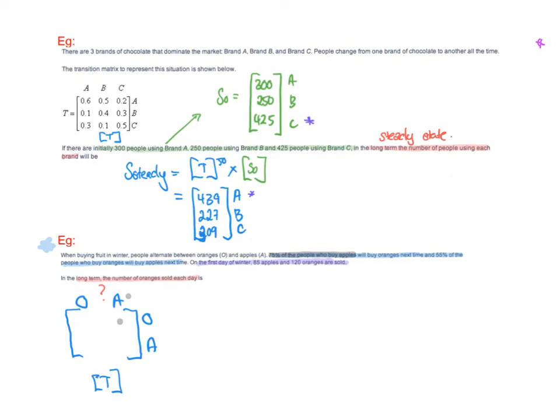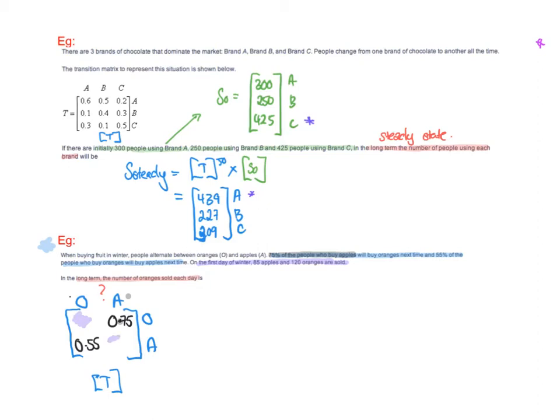So apples to oranges is 0.75, because I don't put percentages in the transition, I put decimals. And then they said 55% who buy oranges buy apples next time. So here is 0.55.